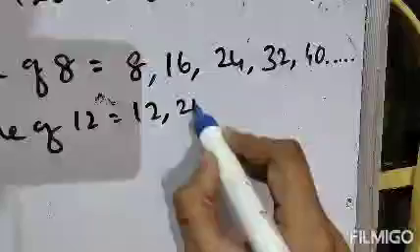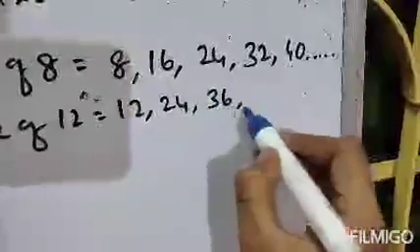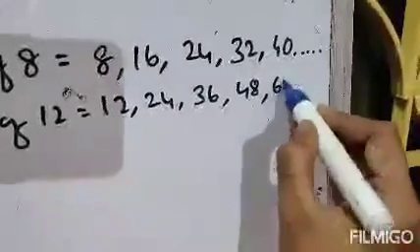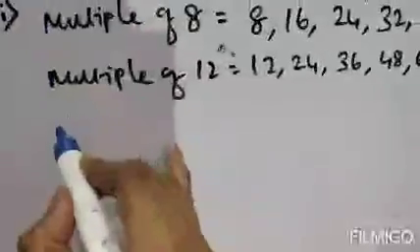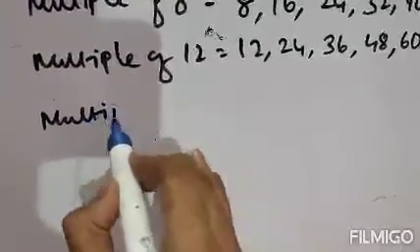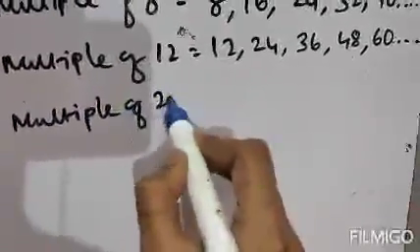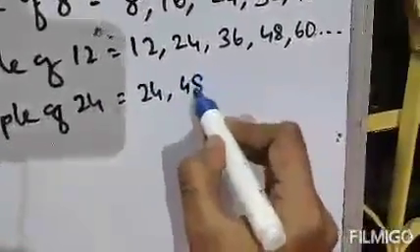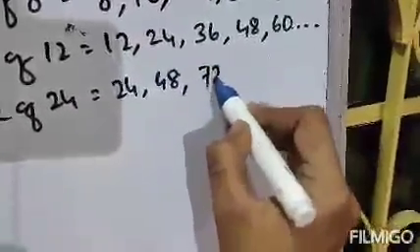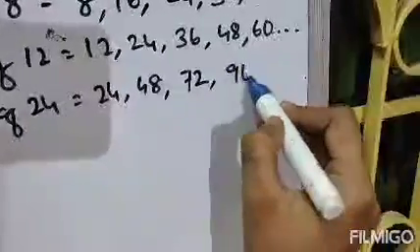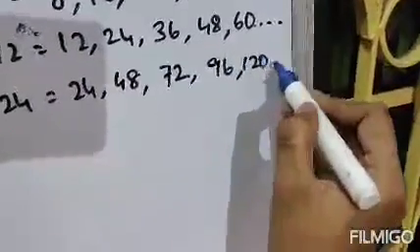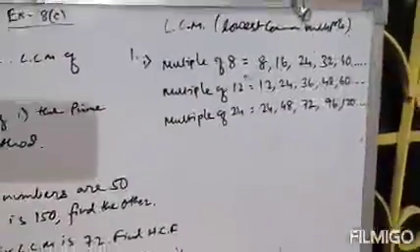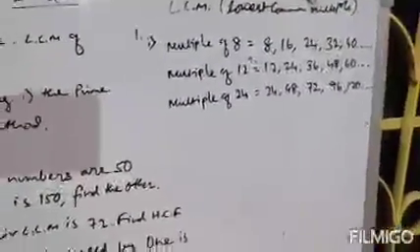We will start from 1. 12 twos are 24, 12 threes are 36, 12 fours are 48, 12 fives are 60 and so on. Next, multiple of 24: 24 ones are 24, 24 twos are 48, 24 threes are 72, 24 fours are 96, 24 fives are 120 and so on.